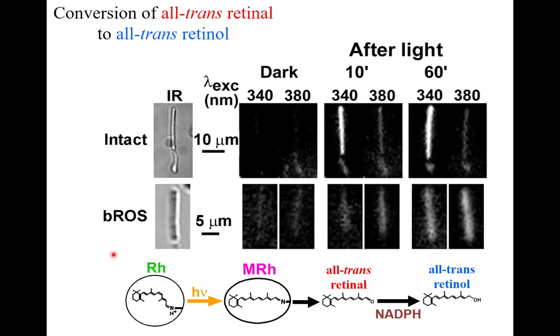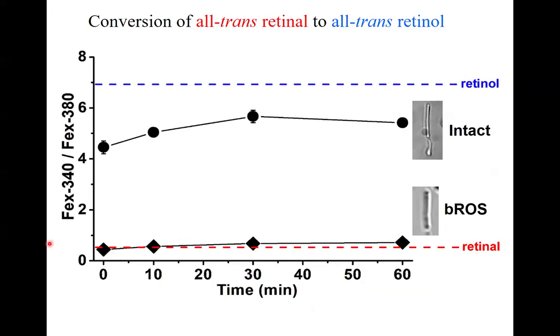So when you plot the ratios, this is what you get. This is the 340 over 380 ratio as a function of time after bleaching of the cells that start as dark adapted. This is the intact, and this is the broken off outer segment. This is the ratio for the retinol that we got from the beginning, with the broken off outer segments when we loaded with retinol and retinal.